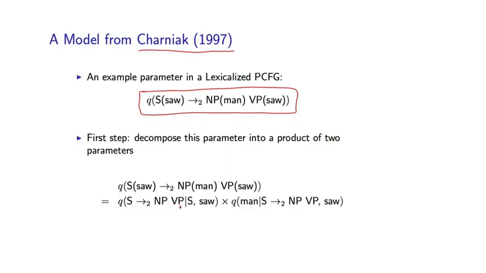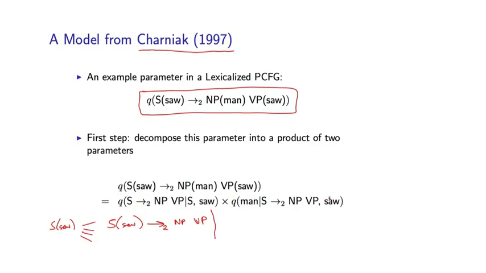This first parameter corresponds to the probability, given that I have S saw, of that rewriting as NP VP. If we think about rewriting S saw, there are many possible ways of rewriting it. Here I have a parameter corresponding to just the choice of the rule, and for now ignoring the second lexical item, man, associated with this rule.